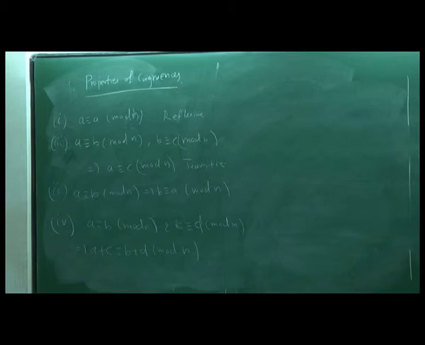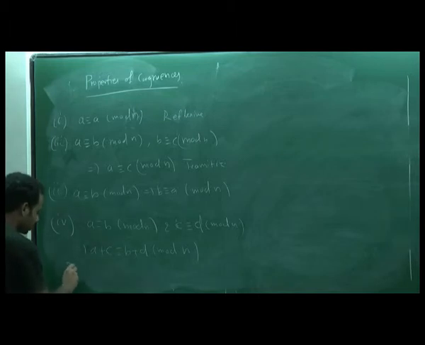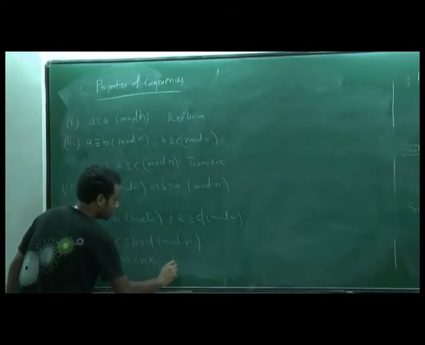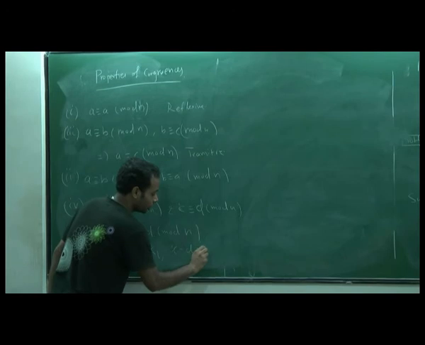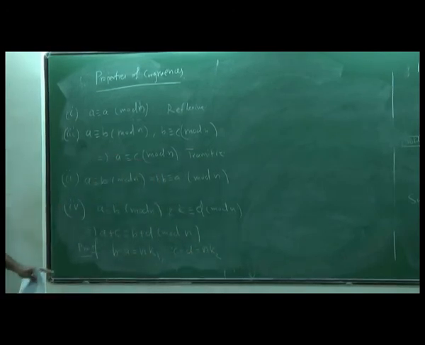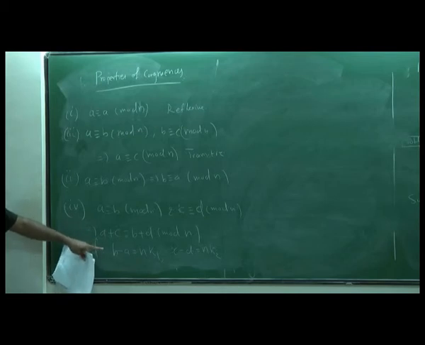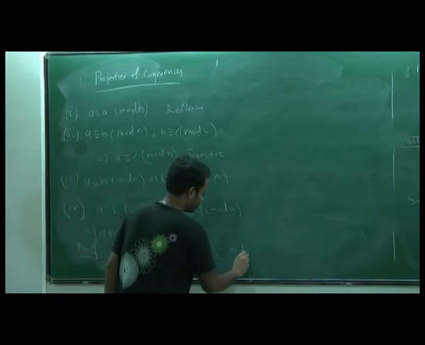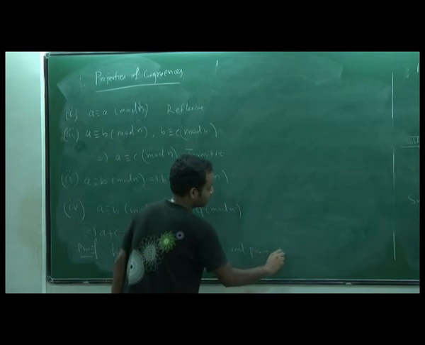And A plus C is congruent to B plus D mod n. So you just write B minus A equal to nk1, C minus D equal to nk2, and then try to prove it. Try to multiply as well and prove it. So this is the exercise.